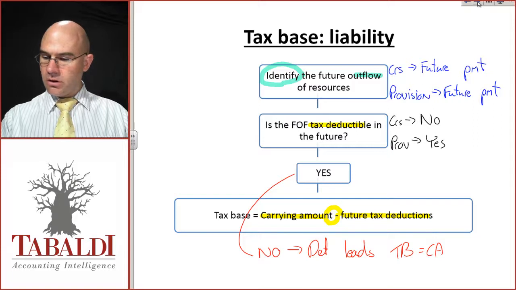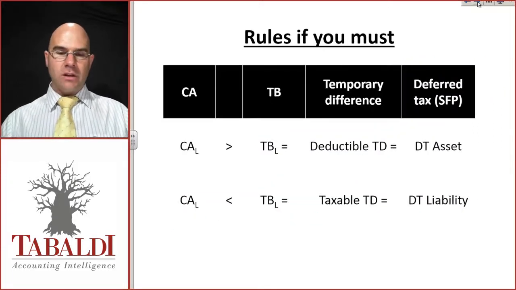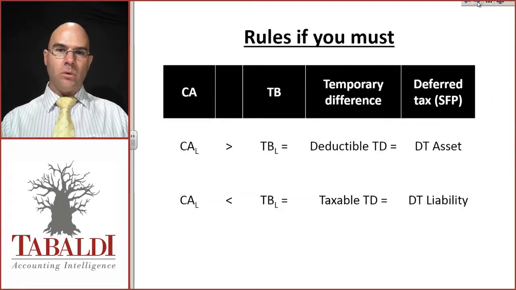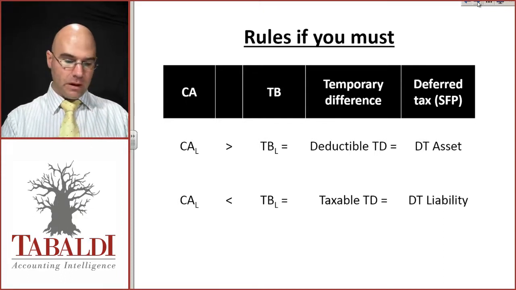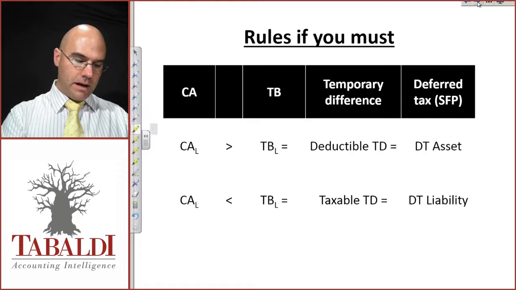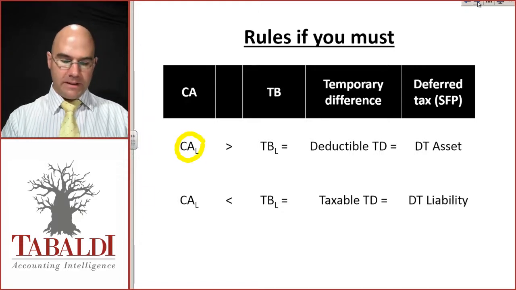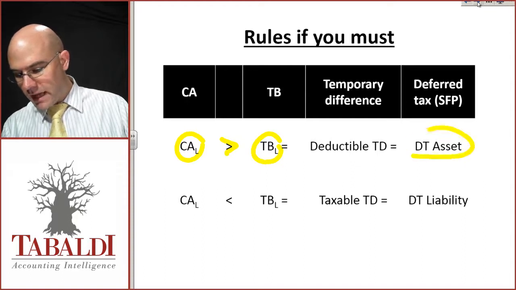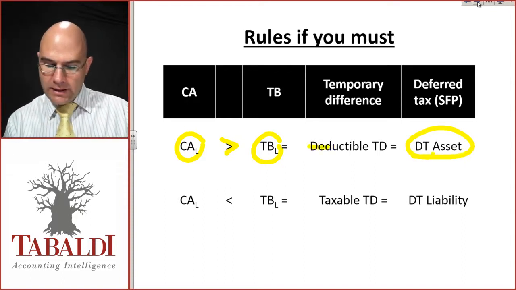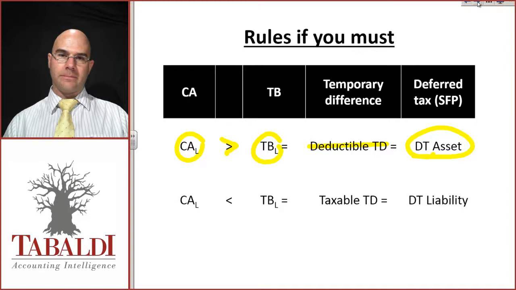Let's quickly look at those rules like we did for the assets. So this is different to what it was for the deferred tax of an asset or tax base of an asset. So here, the carrying amount of a liability, if it is bigger than the tax base of a liability, you will have a deferred tax asset and the related deductible temporary difference.